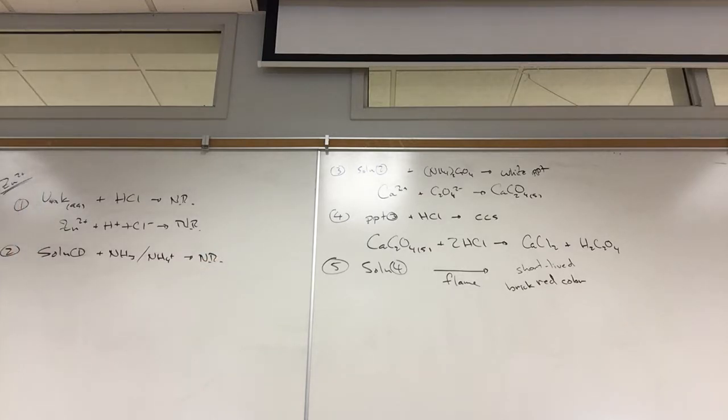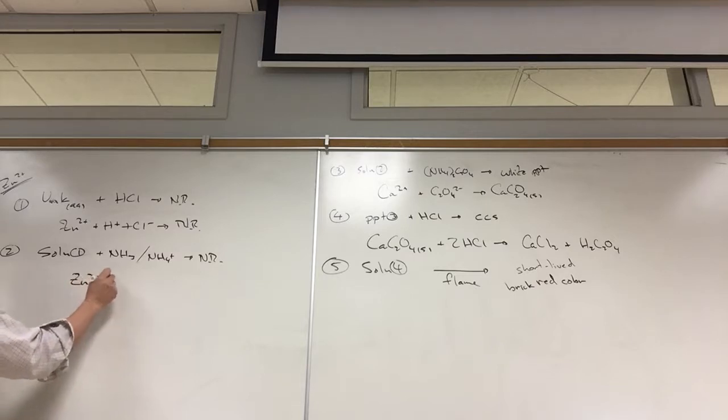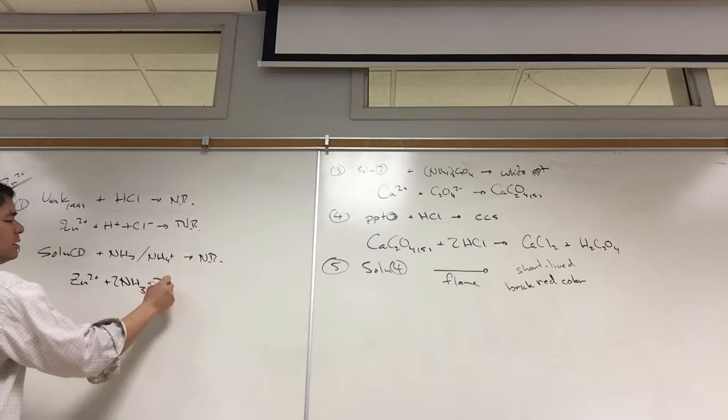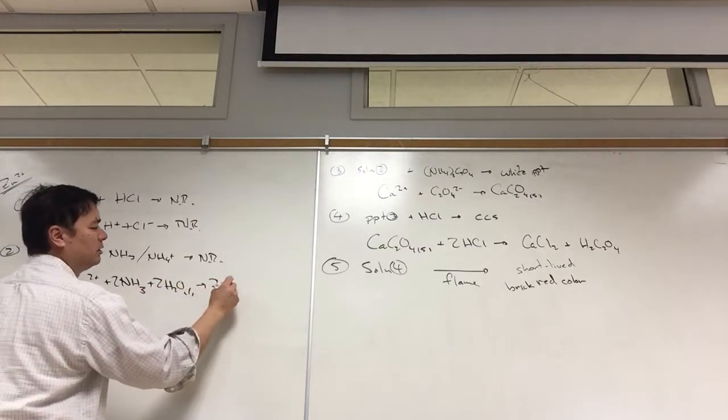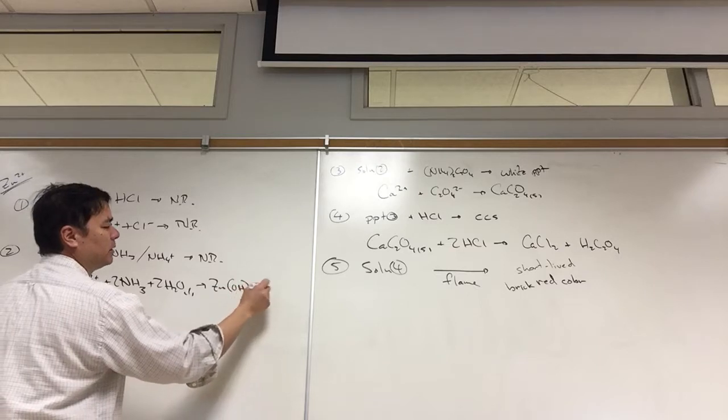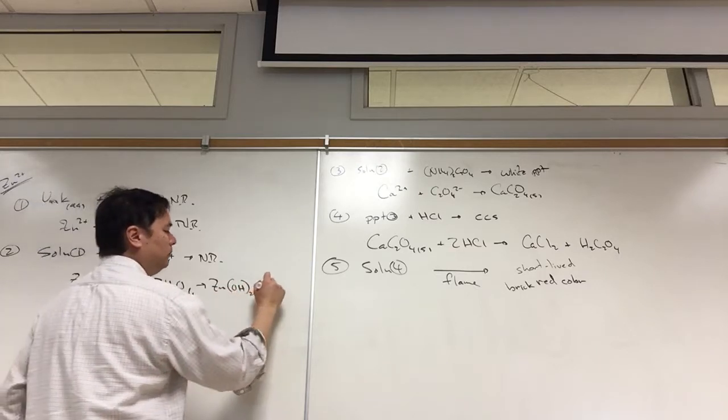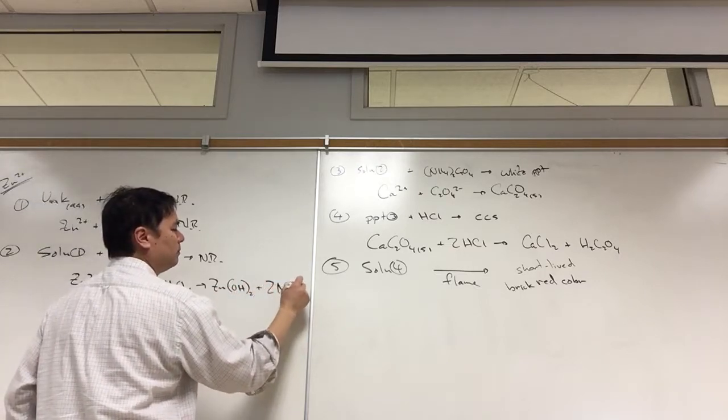This is the case where we can't add too much ammonia, because the way we're going to control this is by Le Chatelier's principle. Zinc 2 plus should precipitate out. And so zinc 2 plus plus 2 ammonias plus 2 waters is supposed to give us zinc hydroxide plus 2 ammoniums.